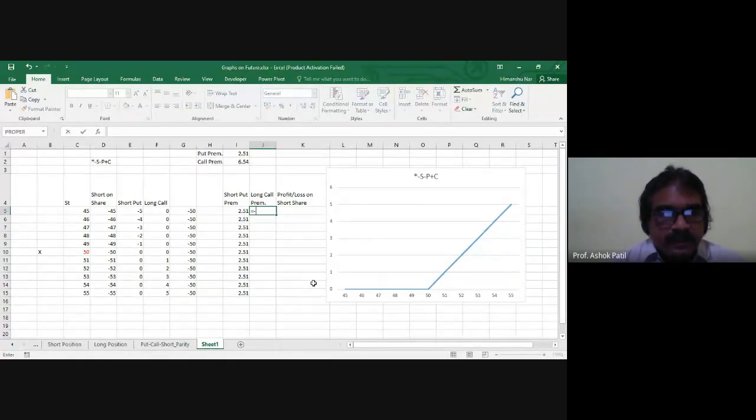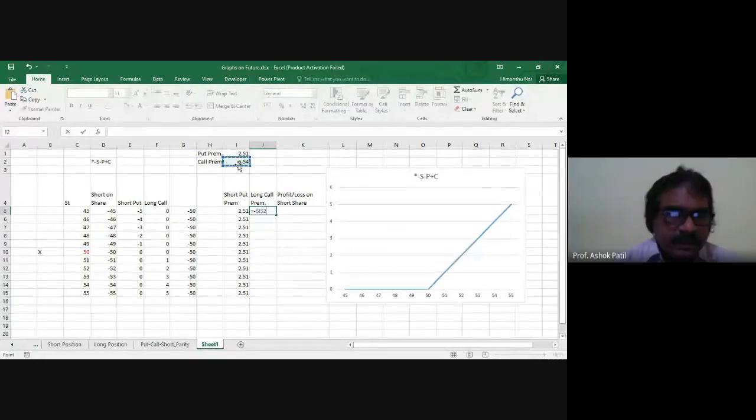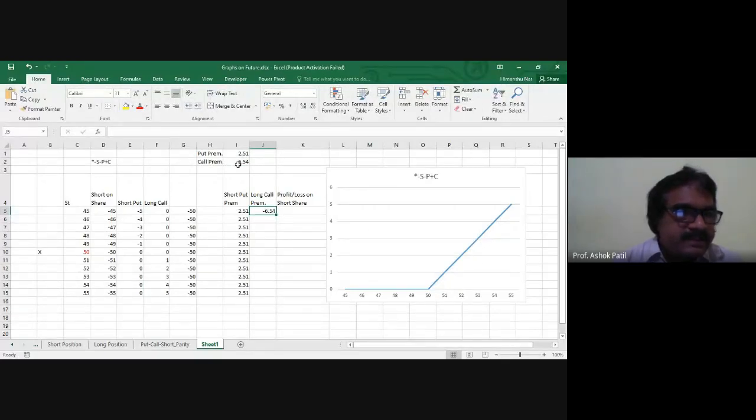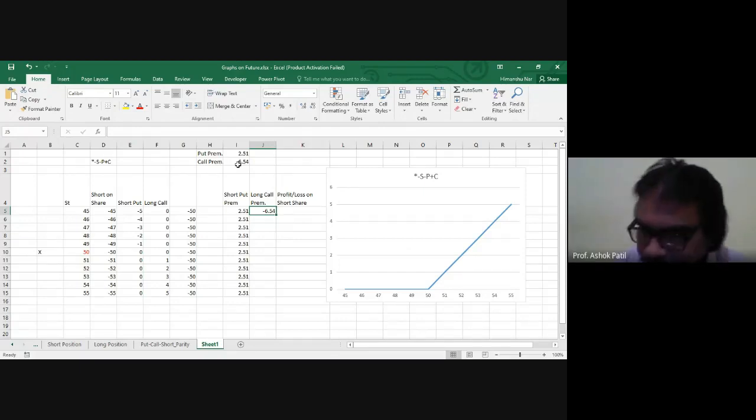So can you tell what exactly to be done there? Minus I2. That is the call premium. Okay, enter. And will it change because my underlying price changes? Yes, sir. It will change. To change to what?